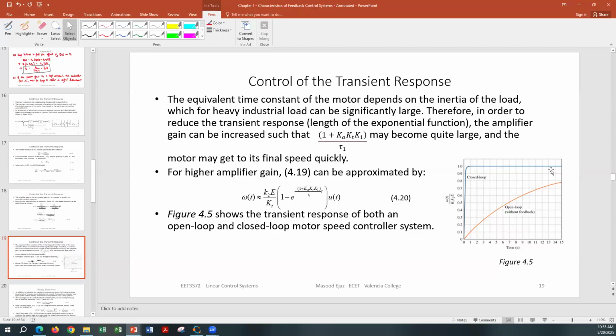So this is the transient response until it hits your final speed, in seconds. And in this case, you can see the open loop system response: if there is no feedback, no tachometer, then the open loop system is going to take very long before it reaches the speed, but we can adjust the transient response of the closed loop system such that the final value can be achieved much quicker.